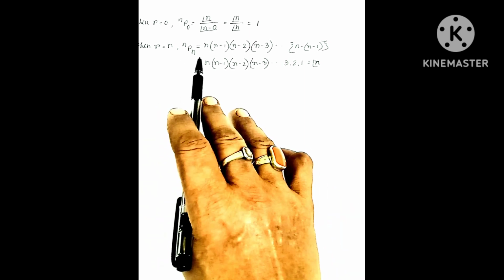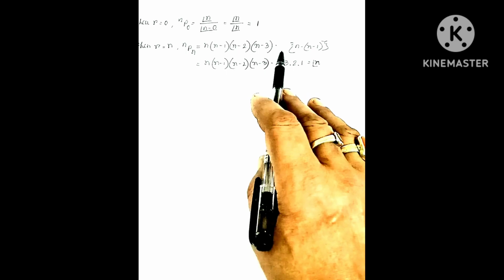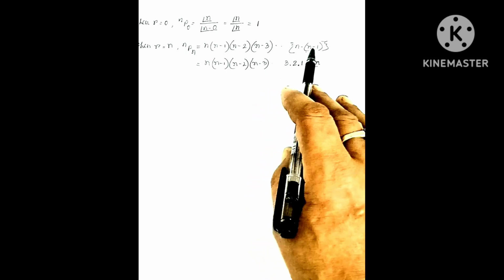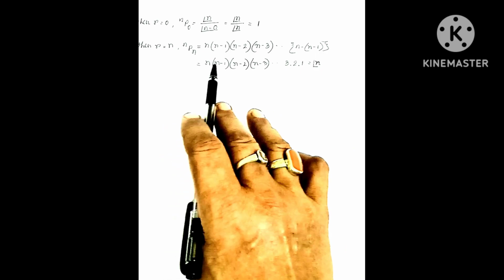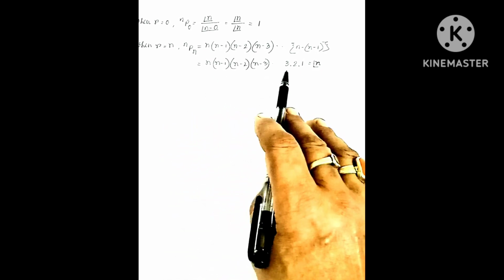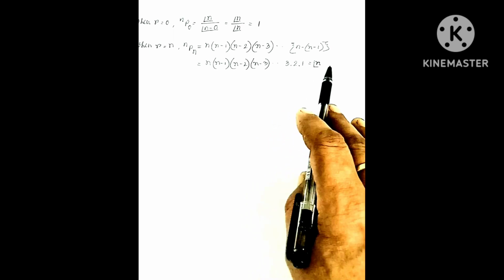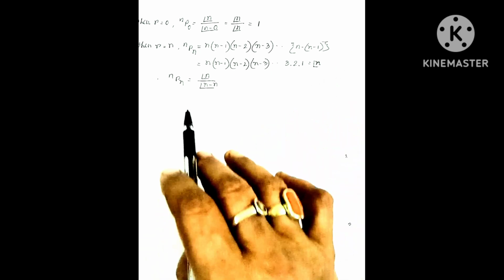Now, if we put r is equal to n, then nPn, that is n into n minus 1, n minus 2, n minus 3 dot up to 3 into 2 into 1, that is factorial n. So, nPn is equal to factorial n.